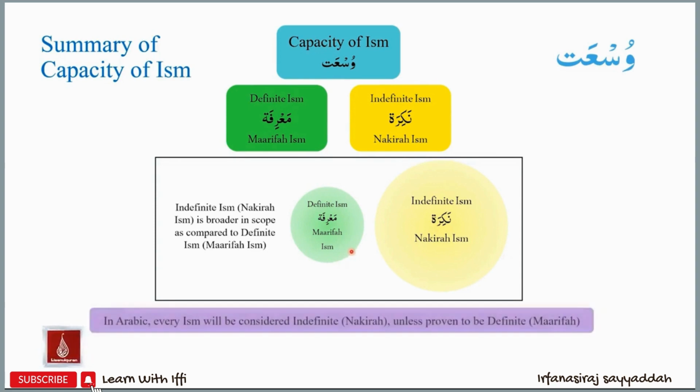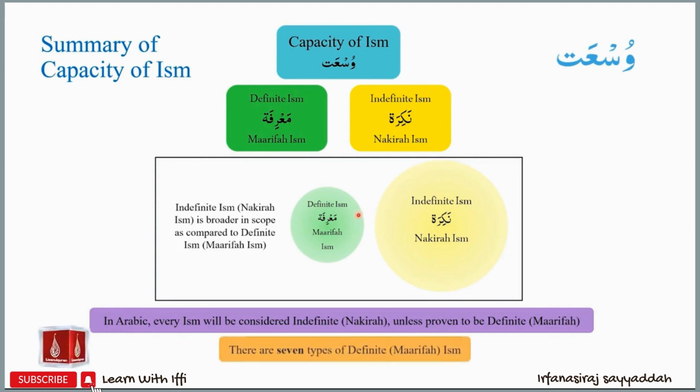And if an ism does not meet criteria for it to be a definite ism or a marfa ism, we will assume that it is an indefinite ism. For definite asma, there are a total of 7 different types that we need to study. At this time, we only need to study 5 out of those 7 different types of definite asma or marfa asma.